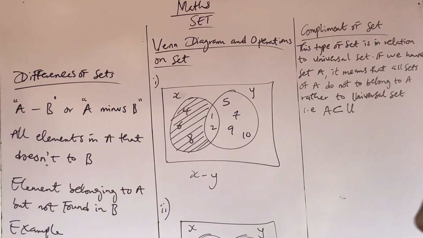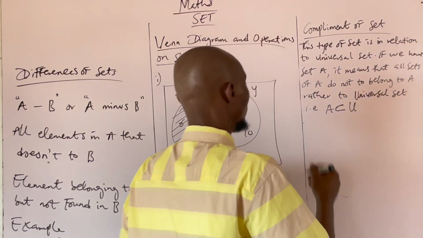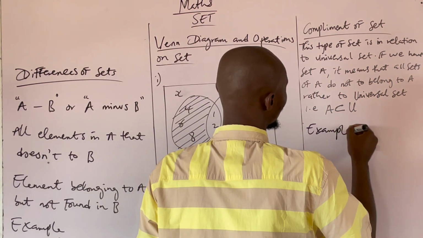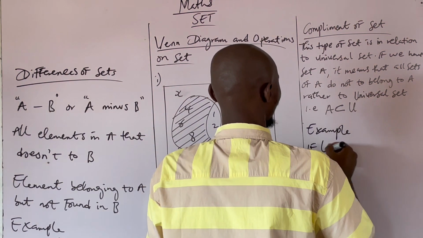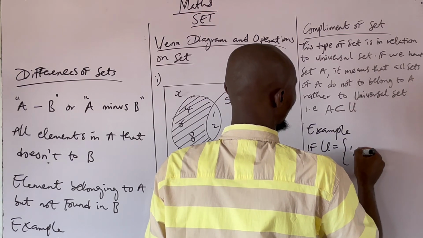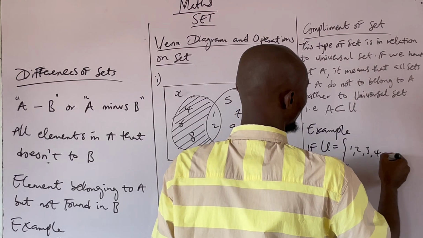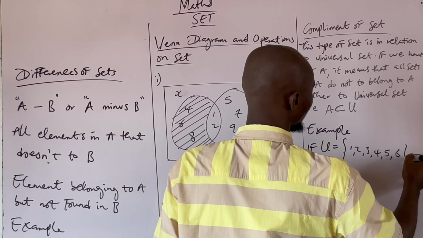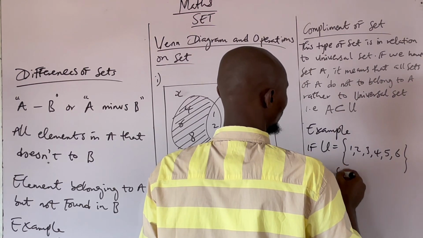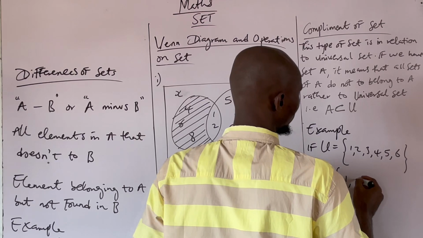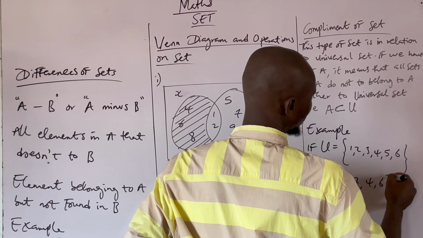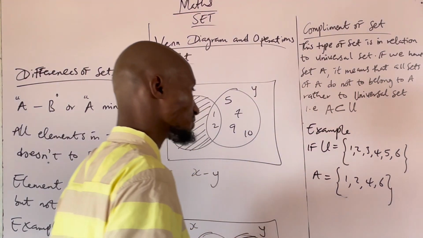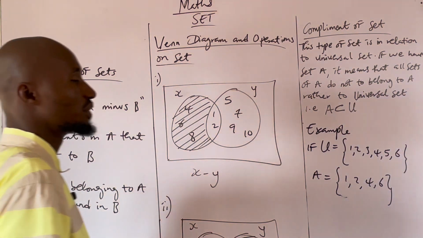So now, an example of this. For example, if the universal set is equal to 1, 2, 3, 4, 5, 6, and A is equal to 1, 2, 4, 6. What are we going to do?